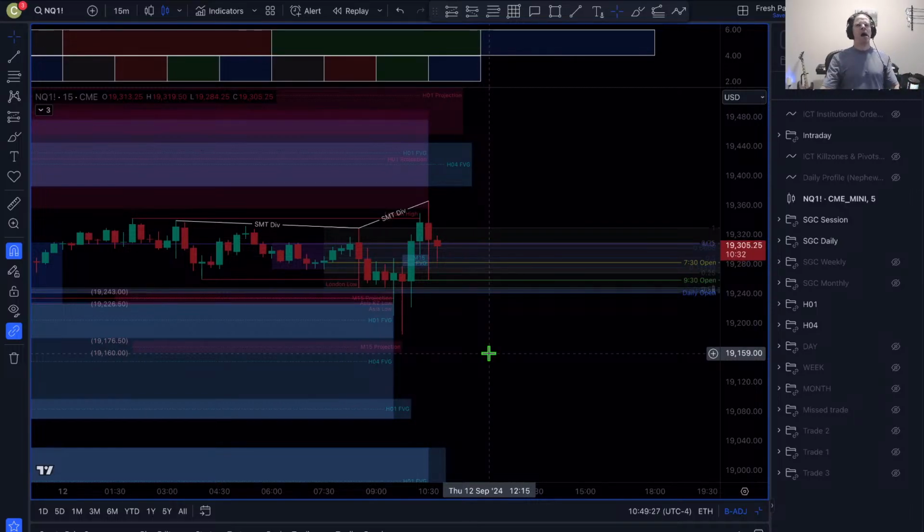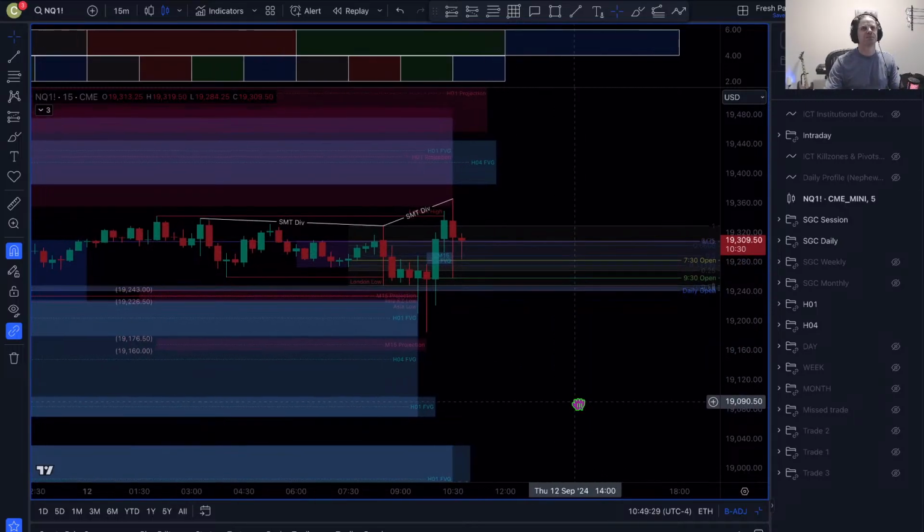It's just these days where this Q2 range, right? I mean, this Q2 range sucks right now.